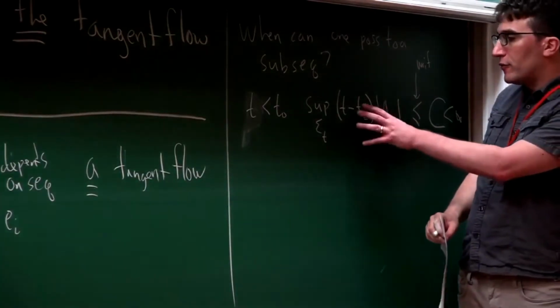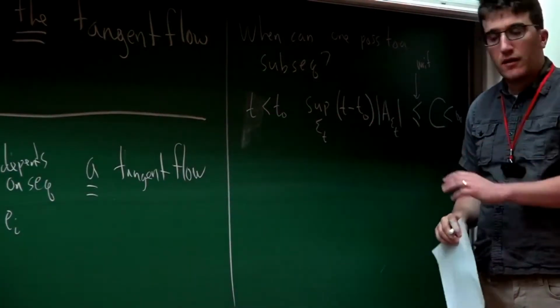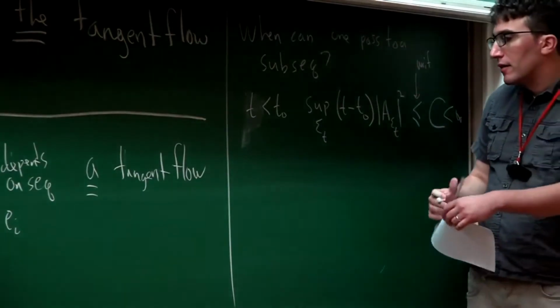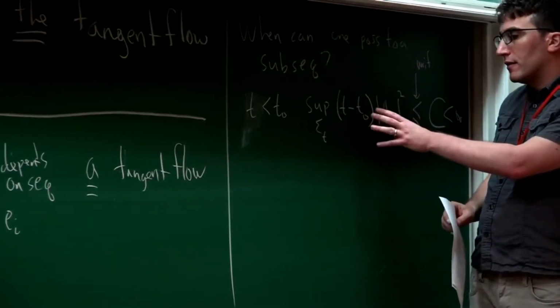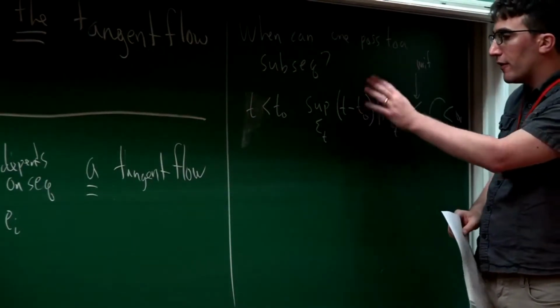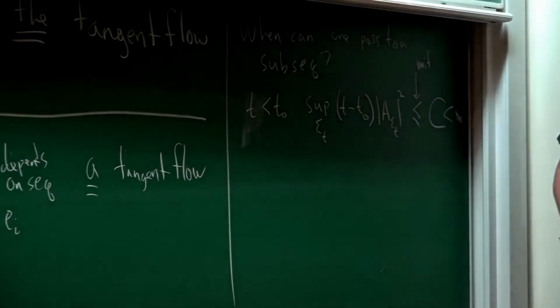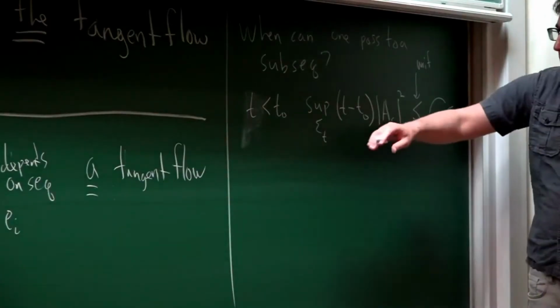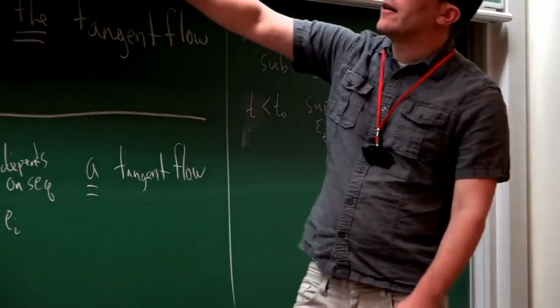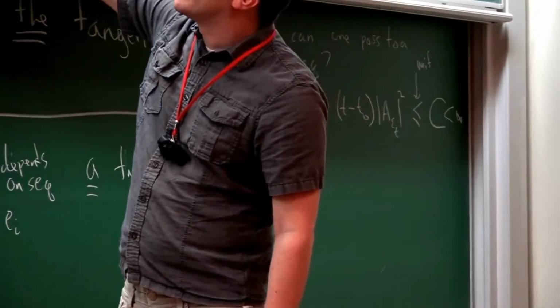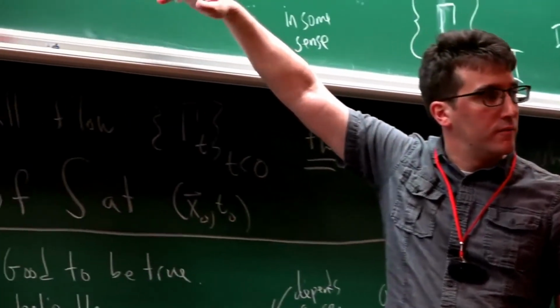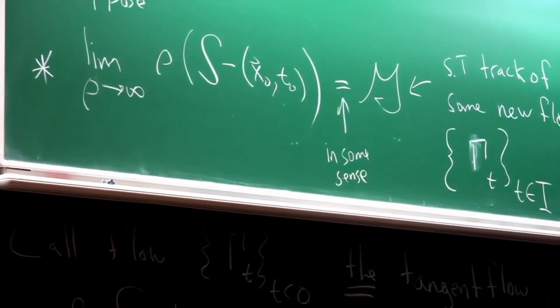It turns out that if you do a parabolic dilation around t naught, then this stays uniformly bounded. Sorry, there should be a squared here. This is scale invariant. And so when you take this rescaling, the curvatures of the flows are all uniformly bounded.